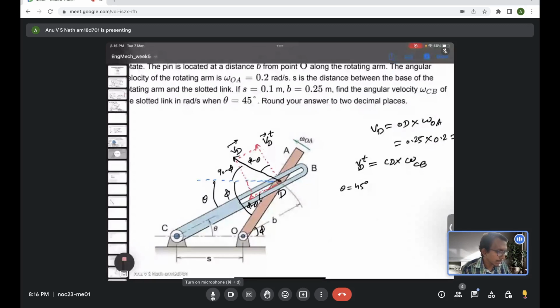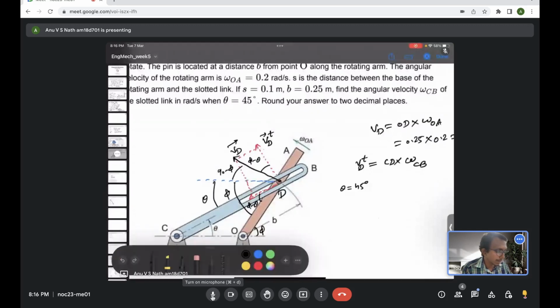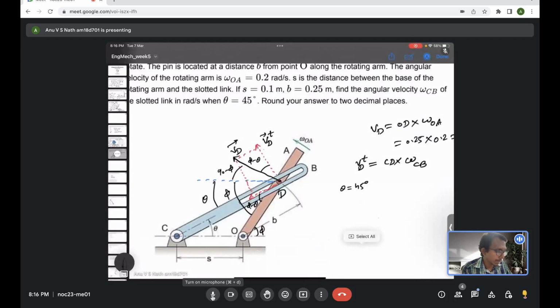So now if you consider the triangle COD, which is this triangle, excuse me. So this triangle, it's an obtuse triangle, so it has 3 angles and 3 sides. So now use a sine law, that is sine law for the triangle.